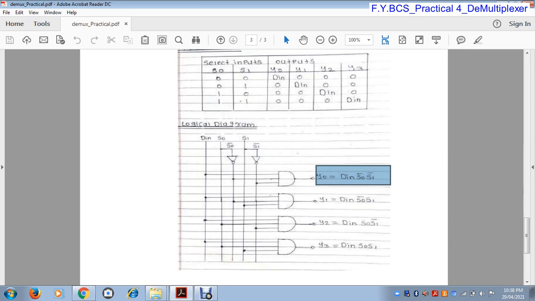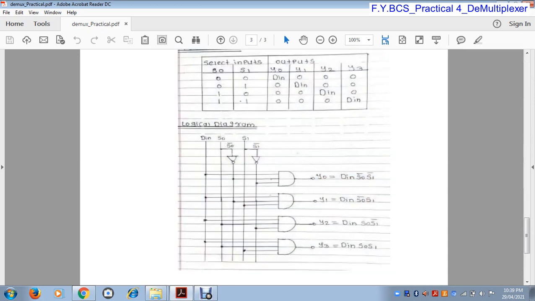For Y1 the equation is D in, S0 bar, S1. So the first input is D in, the second is S0 bar, and the third one is S1. Now for Y2 the equation is D in, S0, S1 bar.